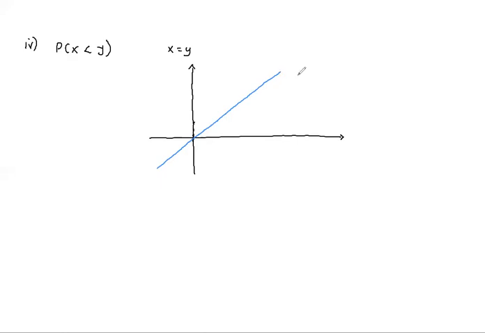We're looking for the part x less than y. So we know that when x is 1, y also is 1. Now we want to look at this region, where x here is less than 1.